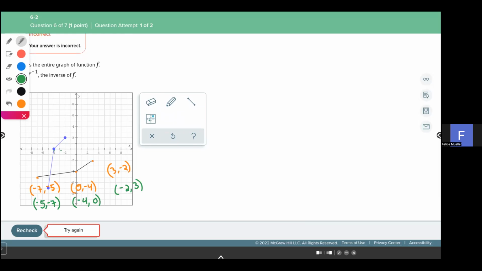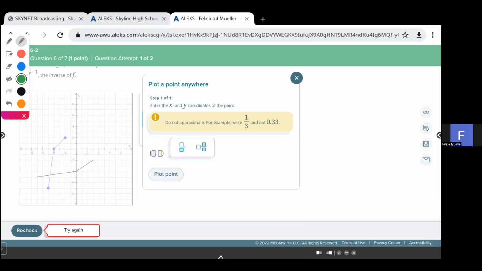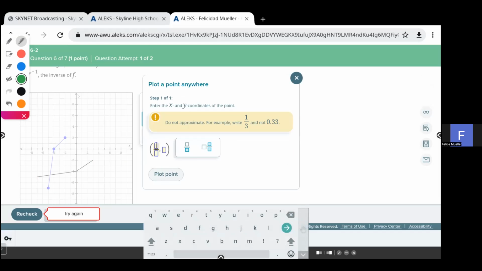So what I would do in this case, that's not what I want. All right, so we wanted, making sure I get these right, -5, -7.